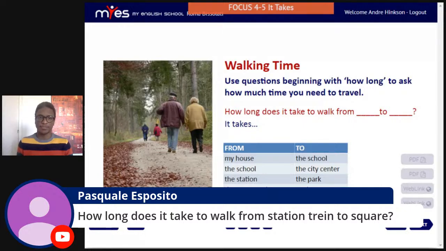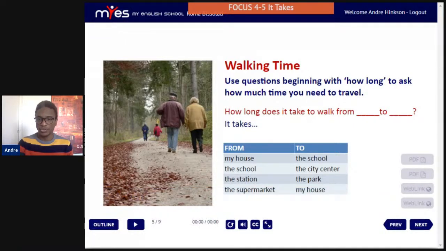Remember the question I asked before. How long does it take to walk from your house to the city center? Can anyone tell me? Raffaele, Magda, Pasquale, how long does it take to walk from your house to the city center?